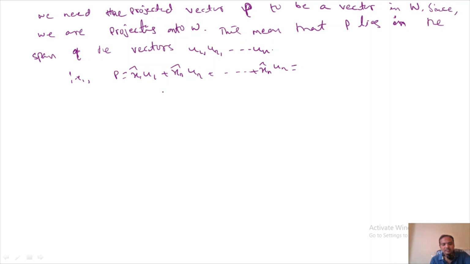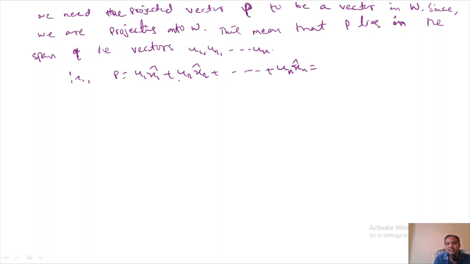Better to write it this way. Now you can write u1 x1 hat plus u2 x2 hat and so on, un xn hat.